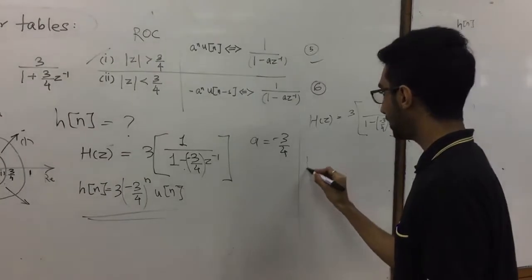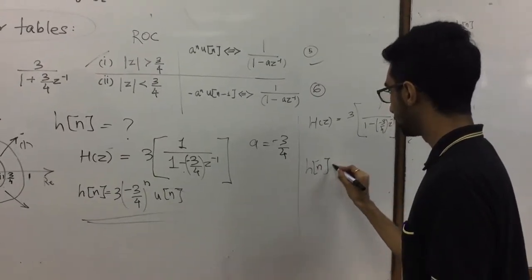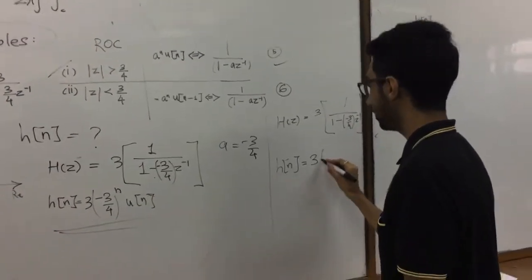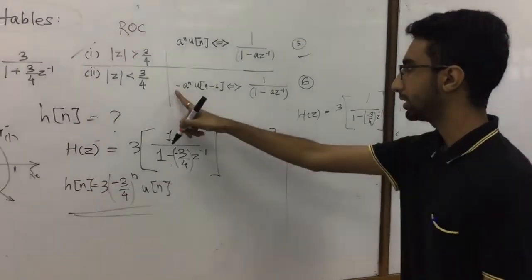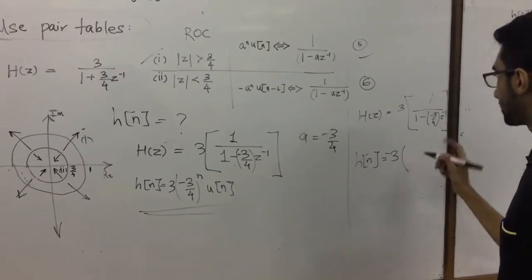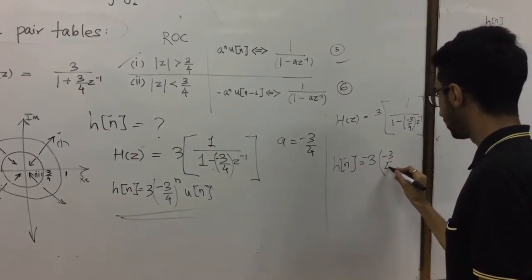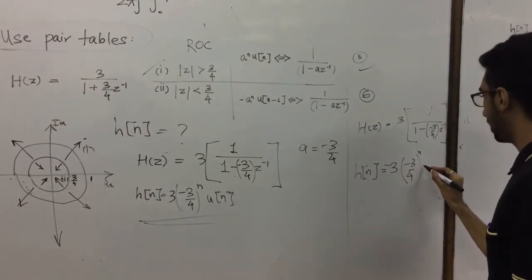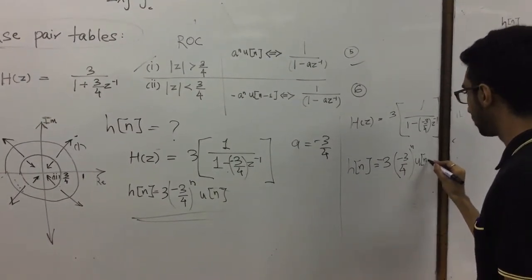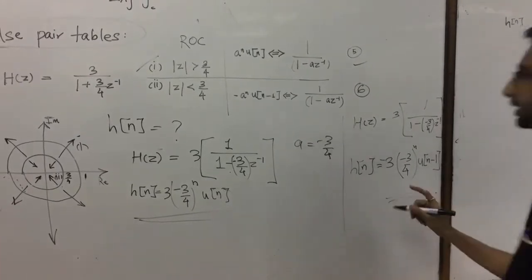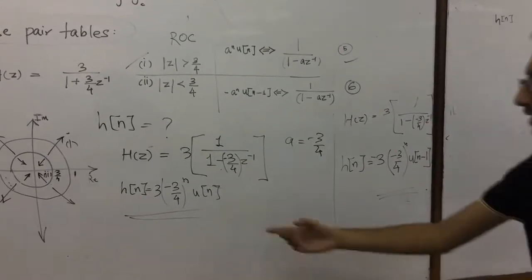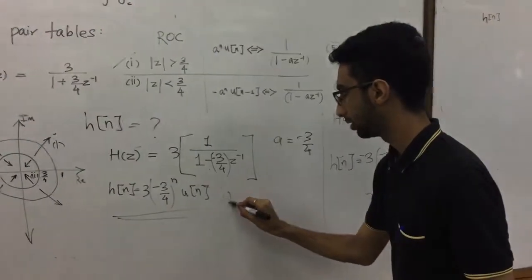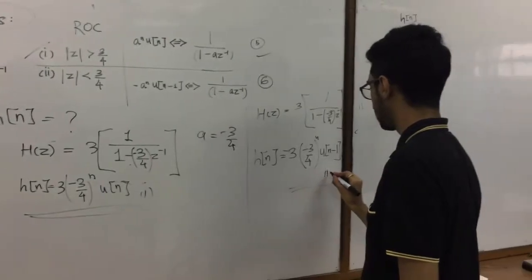So we can write h of n is equal to 3 is outside, so we write 3 first. Then we have a minus at the beginning, so just put the minus here. There's a minus 3 over 4 inside here to the power of n. And then we have the unit step function u of n minus 1. That's as simple as that. So we've got the h of n for both cases, for both regions of convergence. So this is for case 1 and this is for case 2.